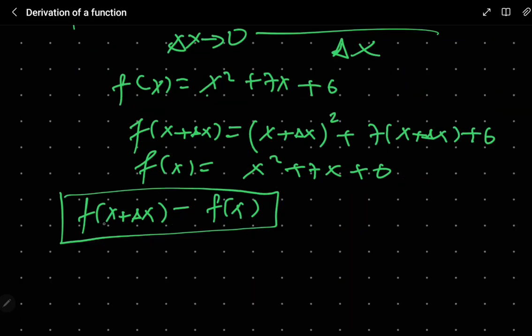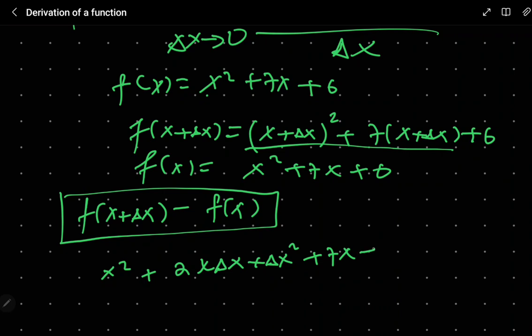Okay, so f of x plus change in x is this one. x plus change in x squared is x squared plus 2 times x times change in x plus the change in x squared, then plus 7 times x plus 7 times change in x plus 6, minus f of x, which means minus x squared minus 7x minus 6.